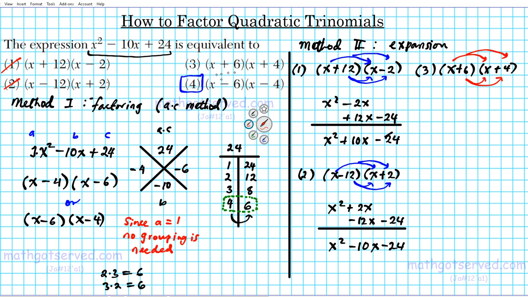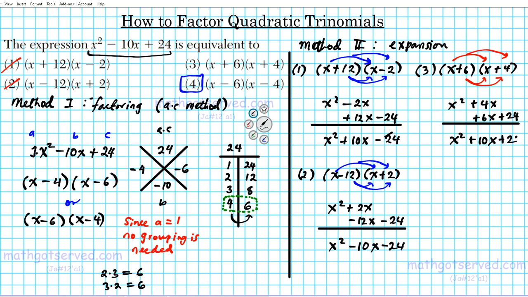Multiply. We get x squared plus 4x plus 6x plus 24. And then just add downwards. Now, had it been the correct answer, it would have been done a long time ago, right? So adding down, we have x squared plus 10x.